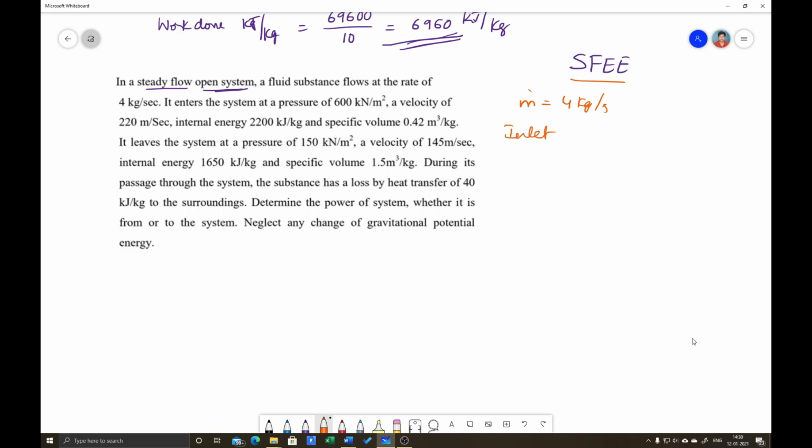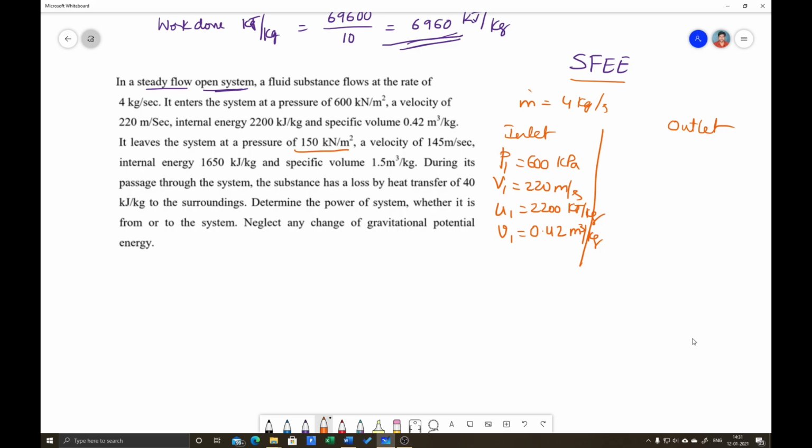So at the inlet we have certain parameters and at the outlet we have certain parameters. Enters the system at a pressure of P1 is equal to 600 kilopascals or kilonewton per meter square and a velocity of 220 meters per second. Internal energy is also given 2200 kilojoule per kg and also specific volume 0.42 meter cube per kg.